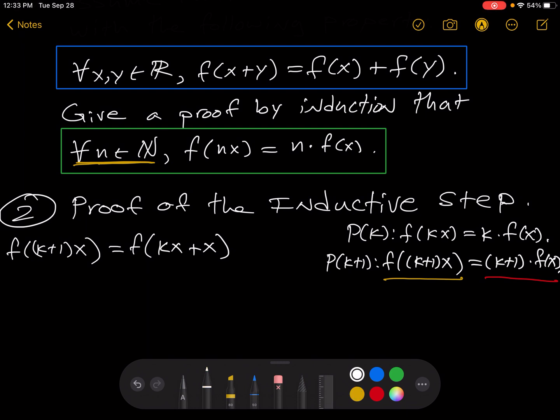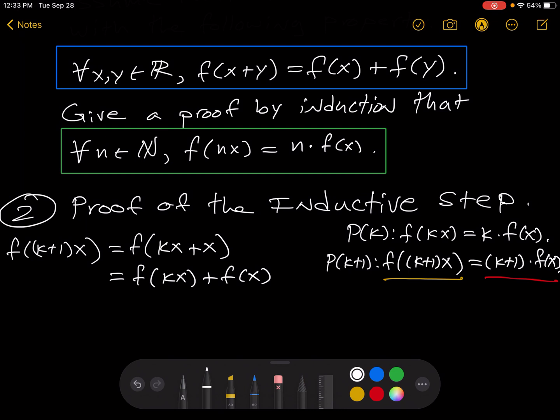So what that allows us to do is use the property in blue, and so this is now f of kx plus f of x. So that's from the property in blue.